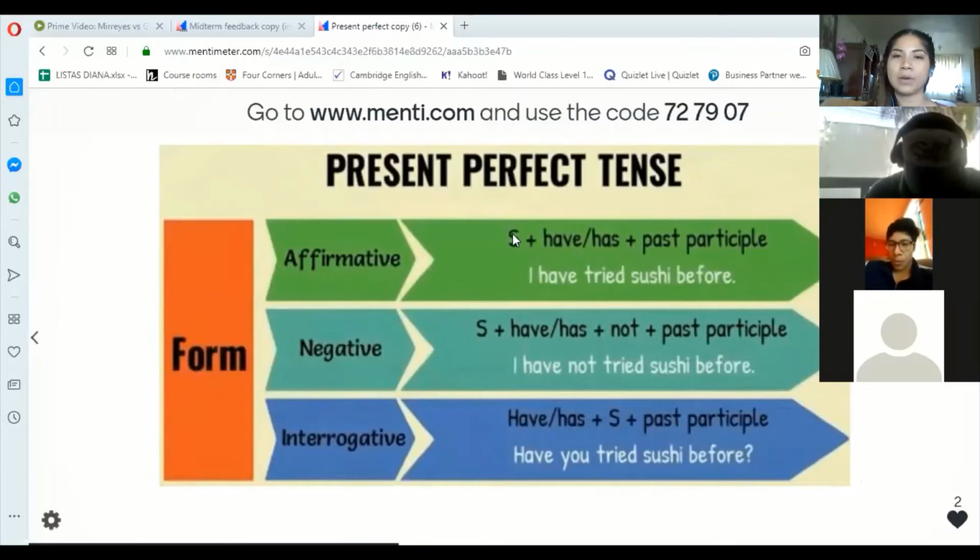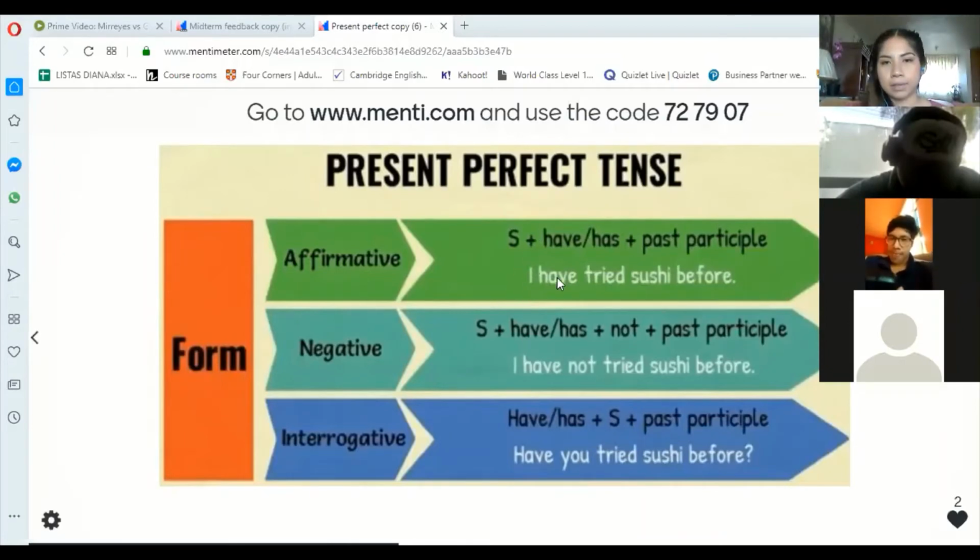Okay, here when we talk about one structure, we say plus. And as you can see, I have the subject, I have. And there are two options. You can use have or has. I use have for I, you, we, and they.